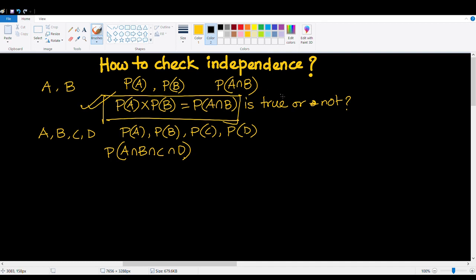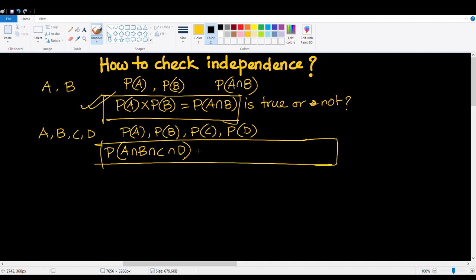Then we try to satisfy the formula that P of A intersection B intersection C intersection D is P of A times P of B times P of C times P of D. If this equation is true for our events A, B, C, and D, we can say that A, B, C, D are independent events.